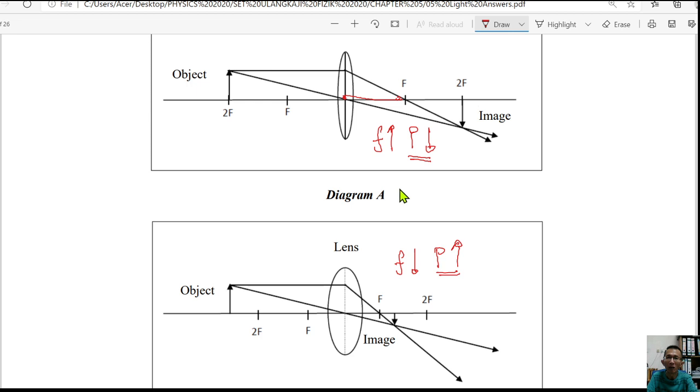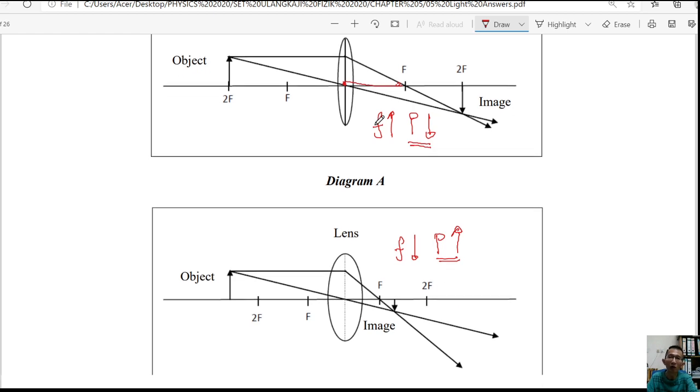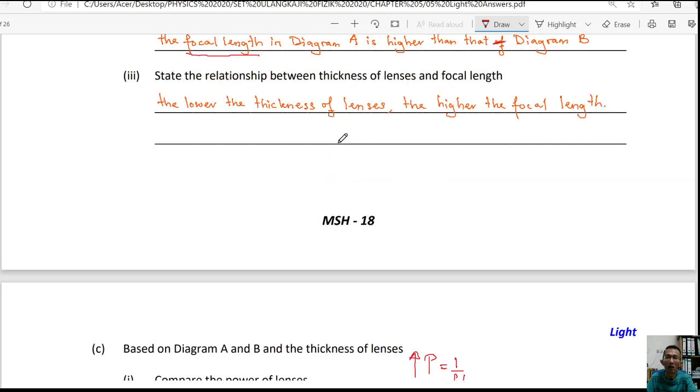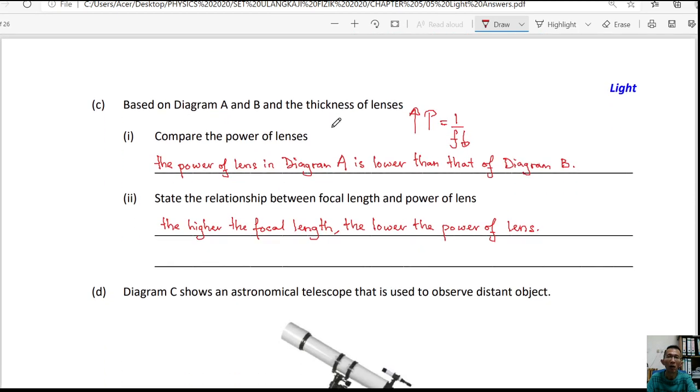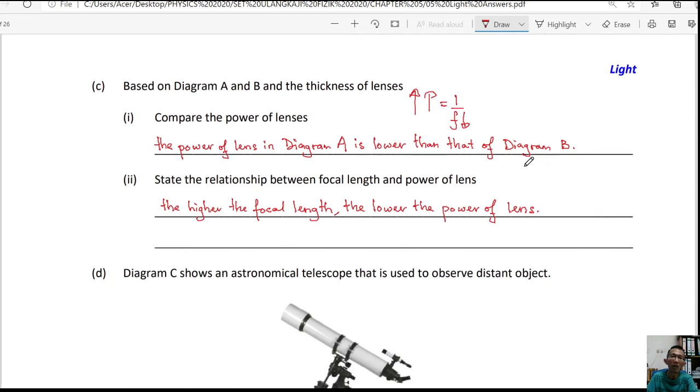So the power in diagram A is lower than the power of lens in diagram B, correct? Okay, so we just write the answer. The power of lens in diagram A is lower than that in diagram B. Simple, right?